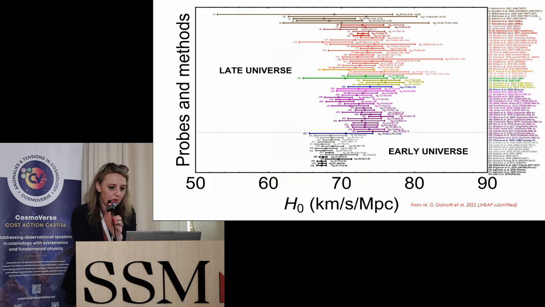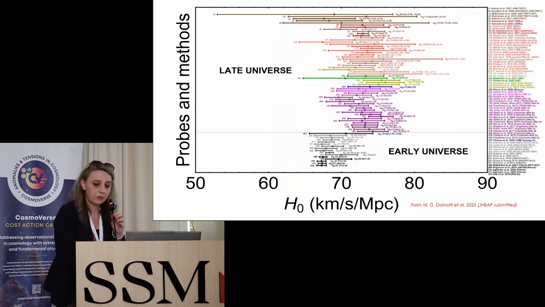I would like to point this out because there are also the ones in brown and darker brown that are in relation to GRBs and gravitational waves. But maybe I can point with a pointer.